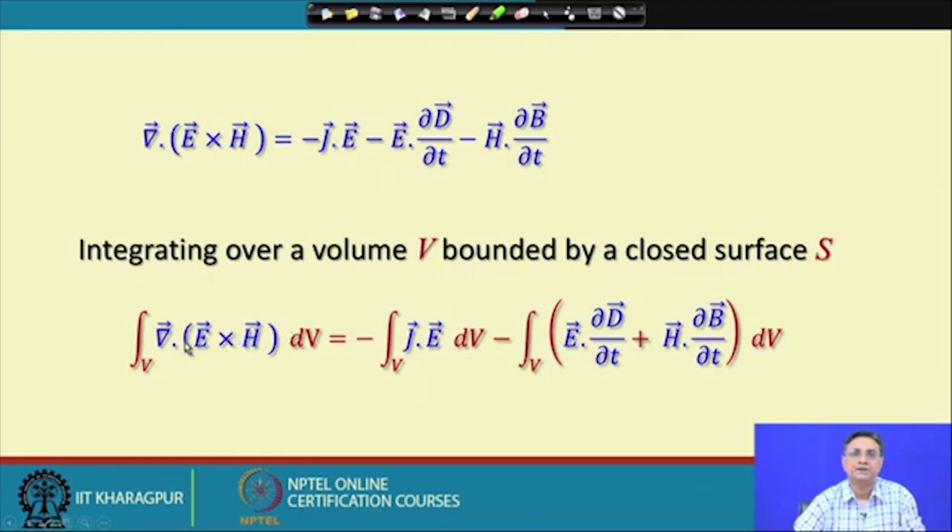So, we can write this equation. If we integrate over this volume, we can write del dot E cross H dV is equal to minus J dot E dV minus E dot del D del t plus H dot del B del t.